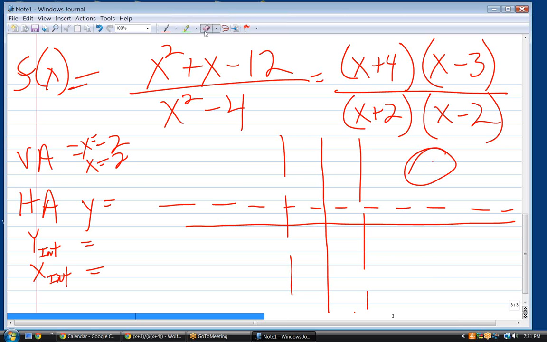Now, hold on. Let's do intercepts. What is the y-intercept? 3. Let's see. If I substitute x for 0, what do I get? Minus 12 over minus 4. You're way ahead of me.